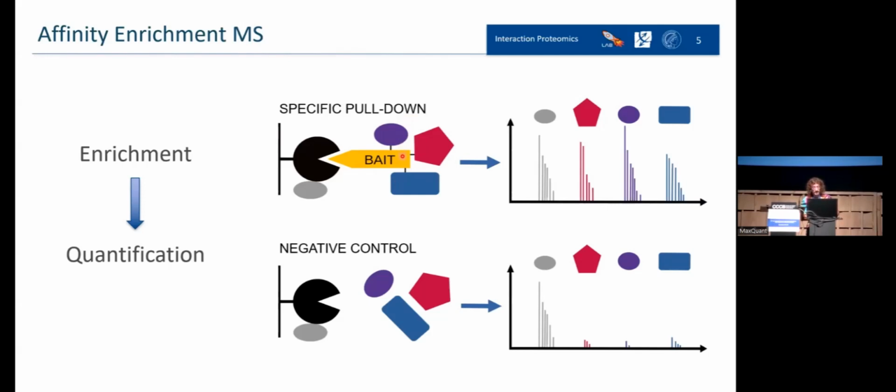And if we then do quantification, we will get here the spectra of all the proteins that were attached to the bait, and also the gray one, the unspecific binder that was just attached here in a part of our antibody that we're not interested in.